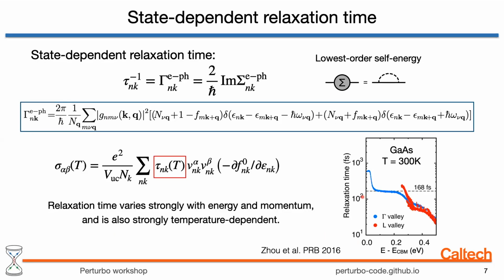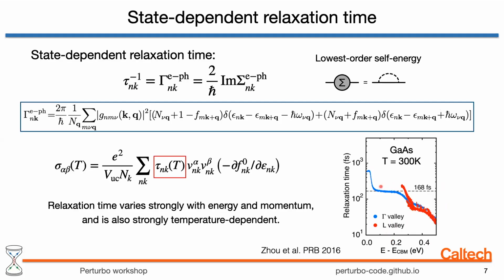However, it turns out that having a constant tau for all possible bands and momenta of your electrons is not exactly correct. This plot right here shows gallium arsenide and the relaxation times. You can see that the relaxation time actually varies by orders of magnitude with respect to momenta, which is given by the different values right here, as well as energies, which basically goes over different bands.